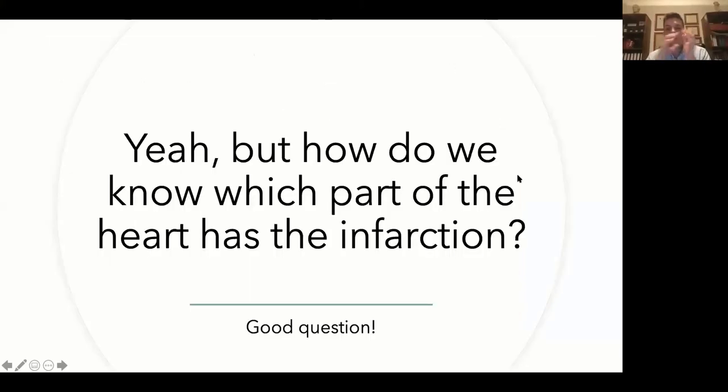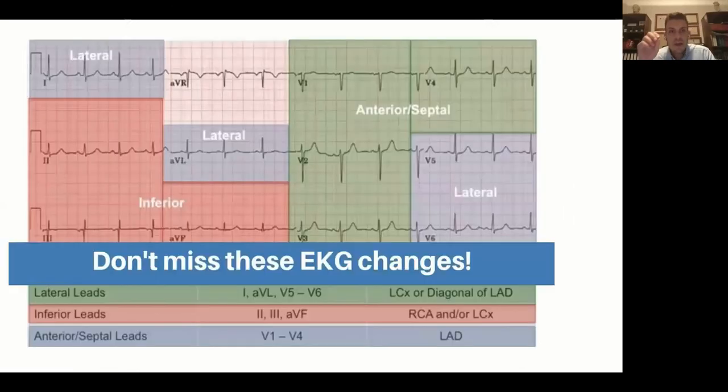Now, I think it was Bruggada who said before that, yeah, it is the anterior lateral wall that has infarction. This is the most important slide of today's lecture. This is the way to be able to categorize the origin of the MI, okay?